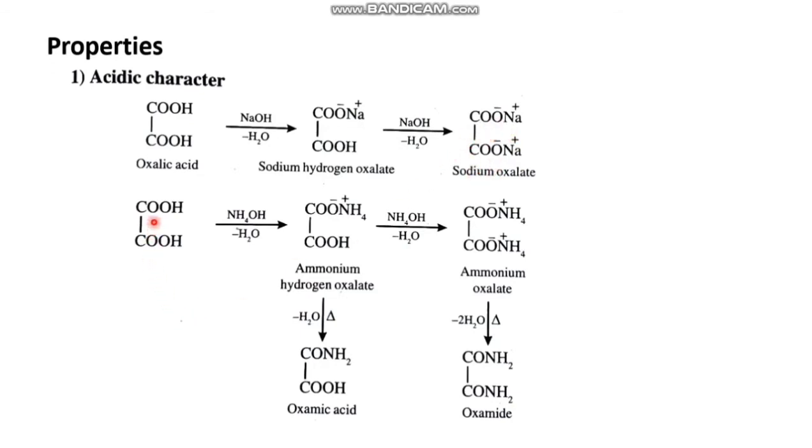Similarly, when oxalic acid is treated with ammonium hydroxide, we get ammonium hydrogen oxalate, which then reacts again with ammonium hydroxide to give ammonium oxalate.